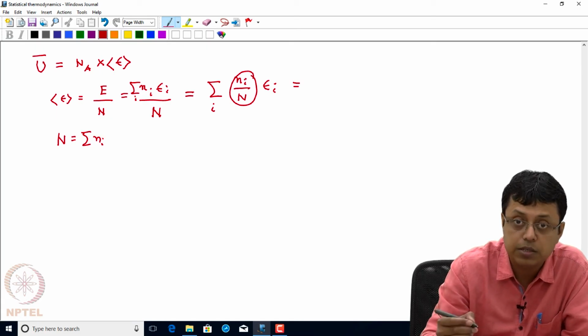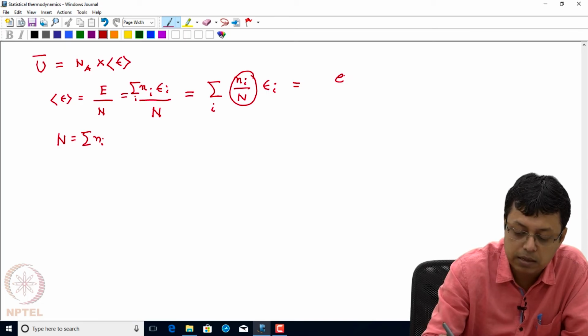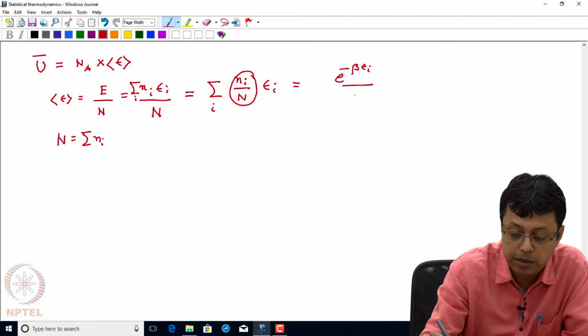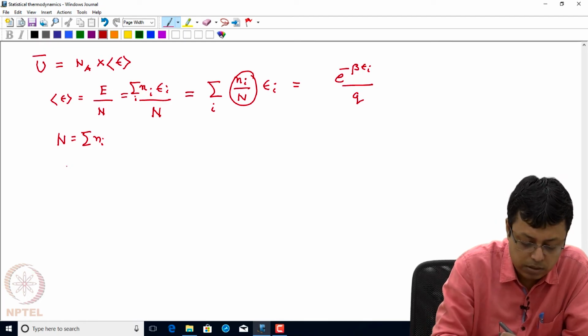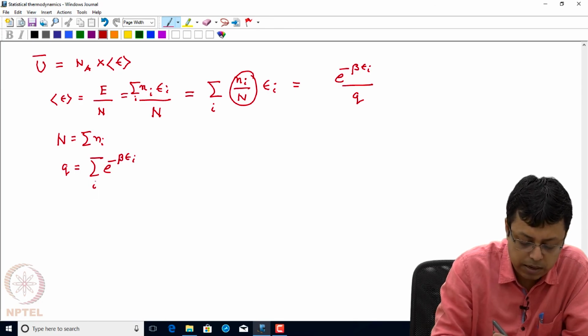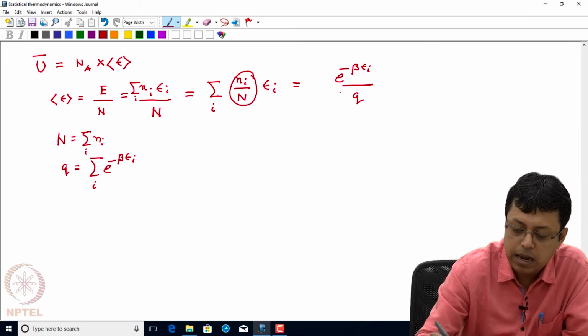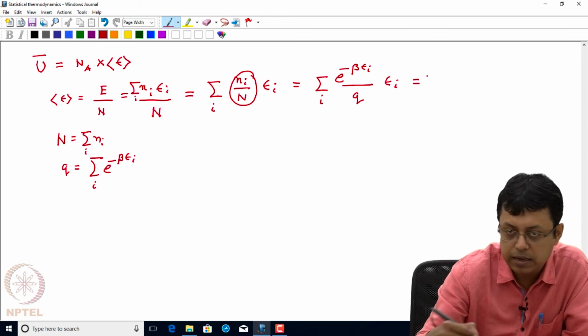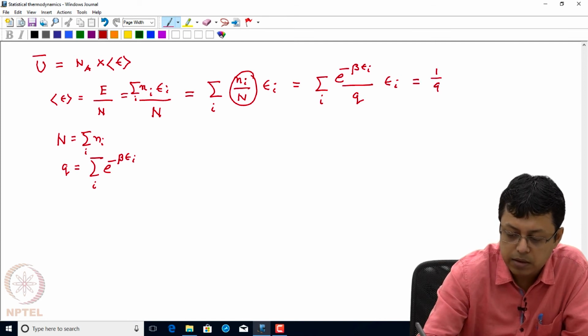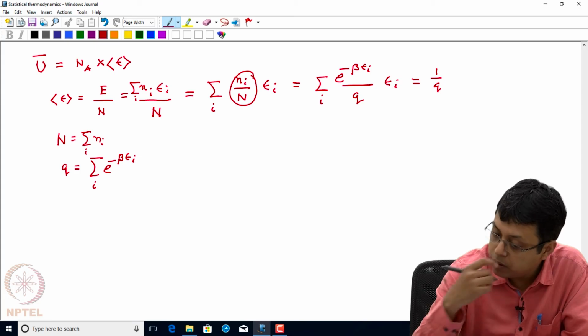This is the probability distribution, and that is nothing but e to the power minus beta epsilon i divided by the sum over e to the power minus beta epsilon i, which is q. So q is nothing but the sum over e to the power minus beta epsilon i. And then I have this sum over i of epsilon i. So I can take the q outside, and it will be epsilon i e to the power minus beta epsilon i.